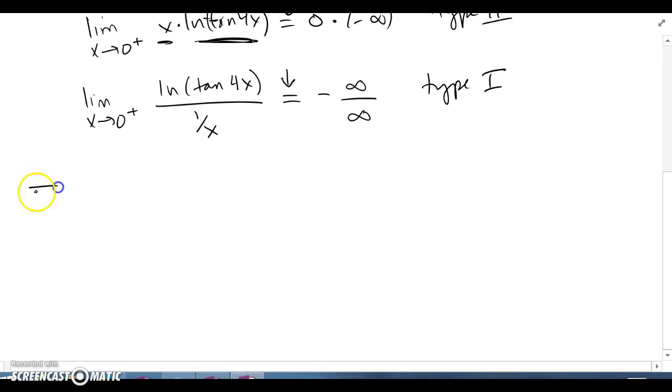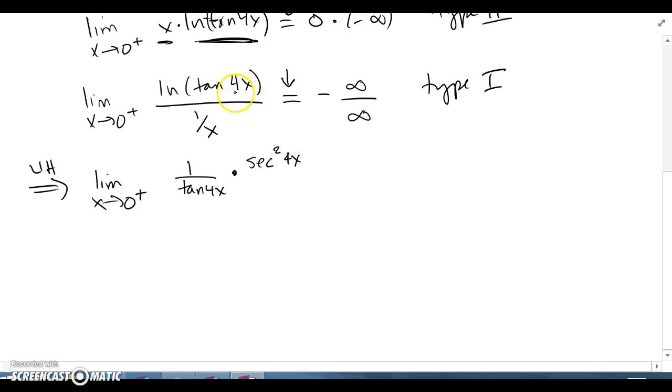And I can go and apply L'Hopital. So I'm looking at the limit as x goes to 0 from the right, and I have to differentiate the top and the bottom. So for the numerator, ln of something is 1 over that something times the derivative of whatever that something is. So the derivative of tangent is secant squared, that's going to be secant squared of whatever that thing is.